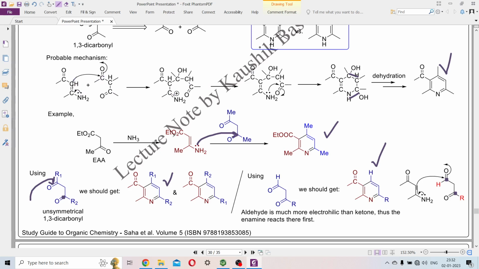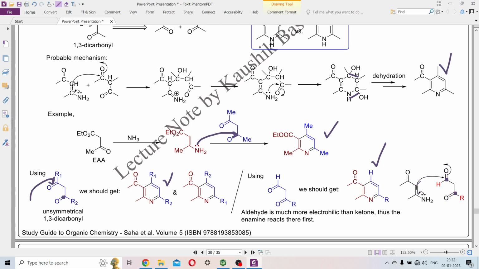because presumably the reaction proceeds via the addition of the enamine, through the carbon of the enamine, onto one of the two carbonyl carbons of the A3 synthon or 1,3-dicarbonyl, and between those two carbonyl carbons, the one which is more electrophilic is more likely to undergo this nucleophilic attack, because aldehydes are much more electrophilic than the corresponding ketones.